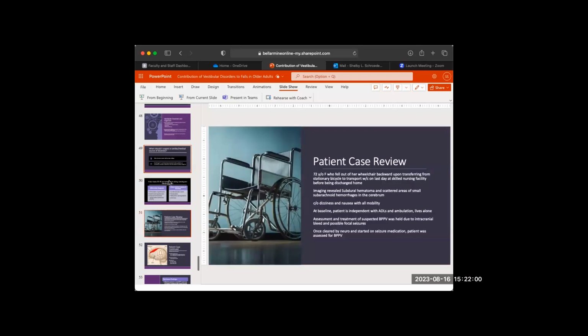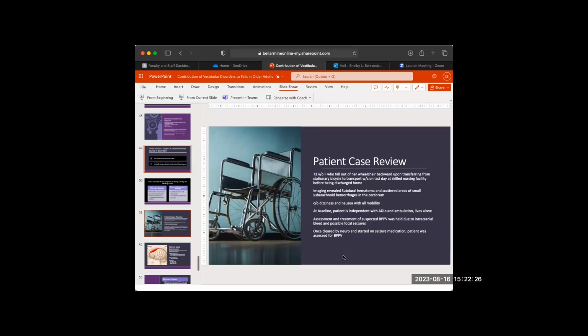Okay, I see another question here. Can you still do gaze stabilization with Parkinson's patients who have severe tremors or shaking of their head? We can, and people who have head tremor do have increased incidence of dizziness.